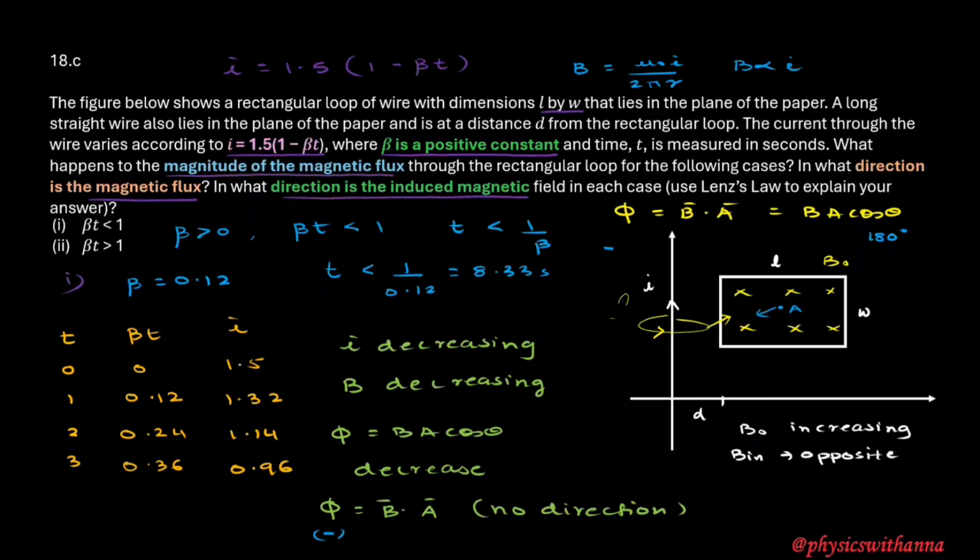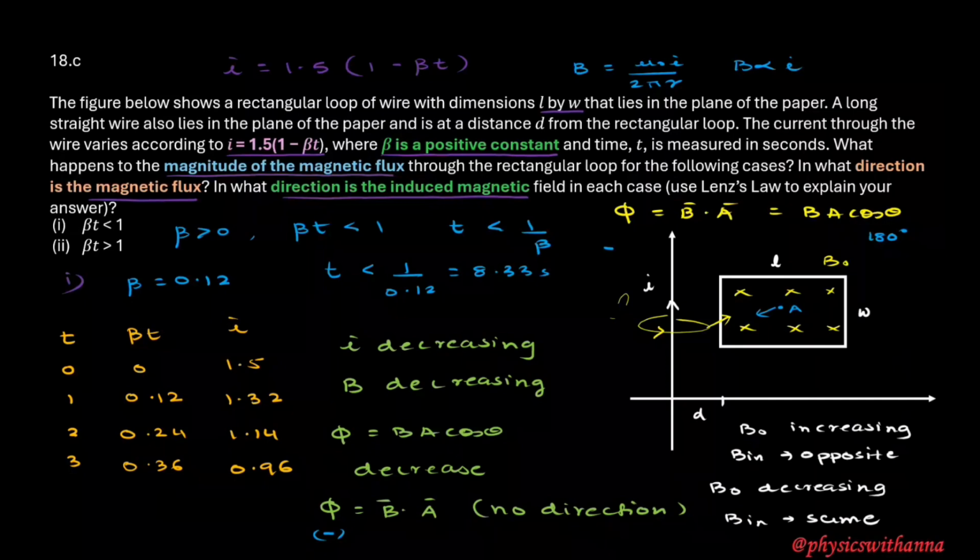So whichever direction your original field is, if it is increasing in magnitude, you induce the magnetic field in opposite direction. Then, if your original field is decreasing, you have to induce magnetic field in the same direction. And this is because of Lenz's law. The purpose of induced magnetic field is to oppose the change in flux.